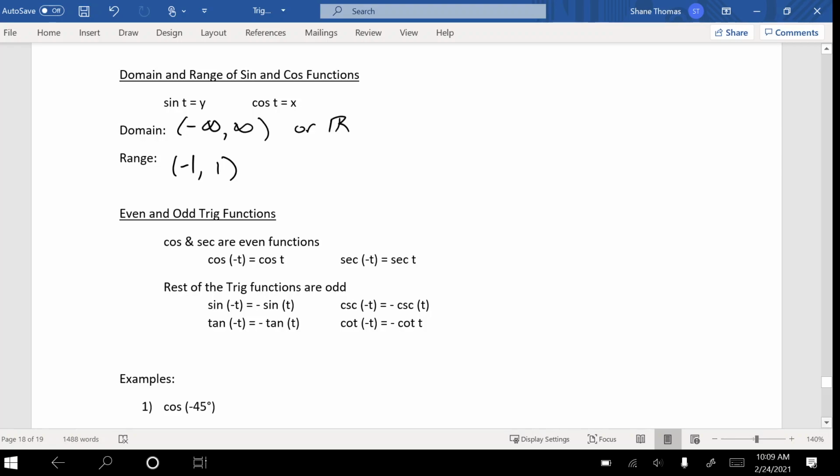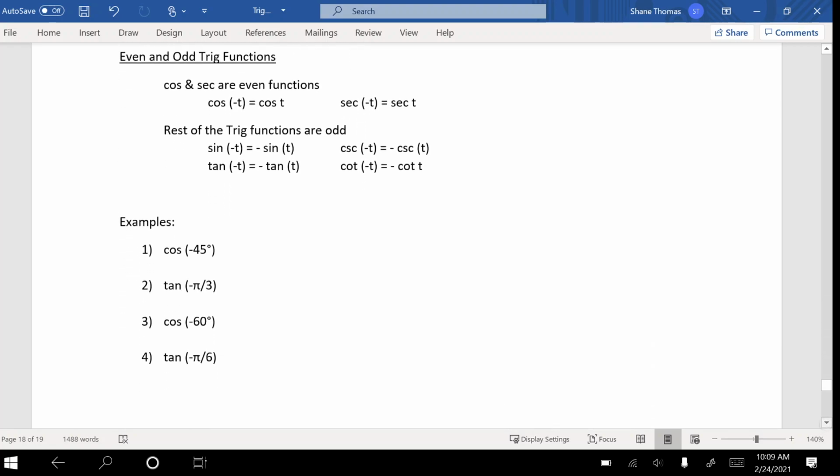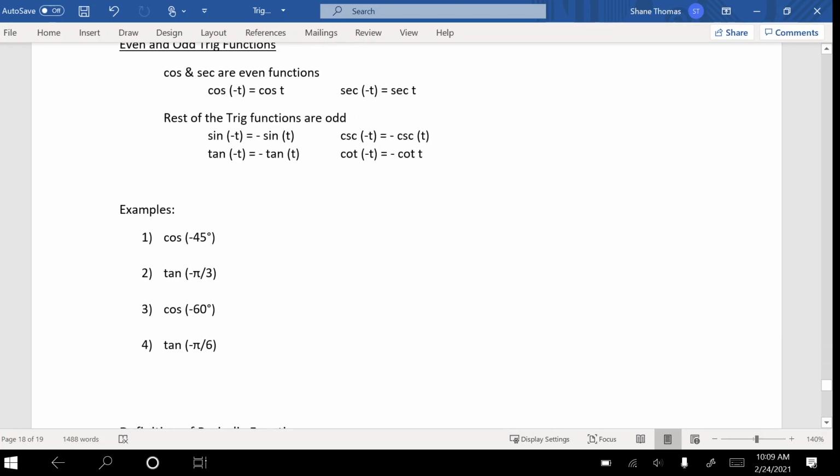Look at the first one, the cosine of -45 degrees. So is cosine an even or odd? An even. So basically that negative sign means what to us? Nothing. Okay, it means nothing. So I'm just going to rewrite this guy as the cosine of 45 degrees. Now, yes, this is in degrees. Most of the time we were using our radian measures.